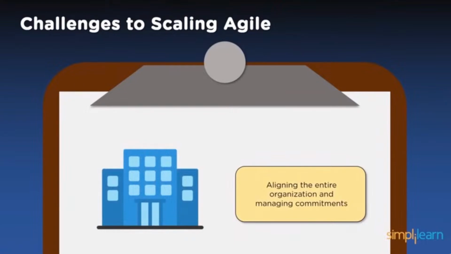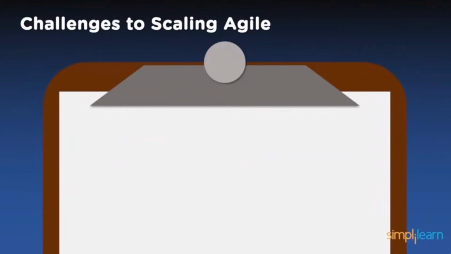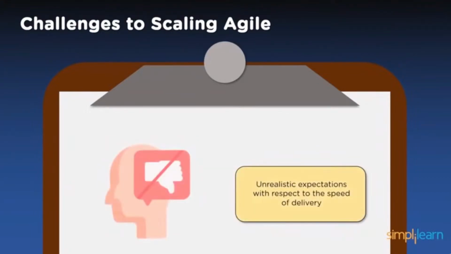So definitely the organization required alignment. The products or services being produced by the project need alignment. The need for alignment was basically to ensure the organization gets the value out of whatever they have invested. Fifth, unrealistic expectation with respect to speed of delivery.